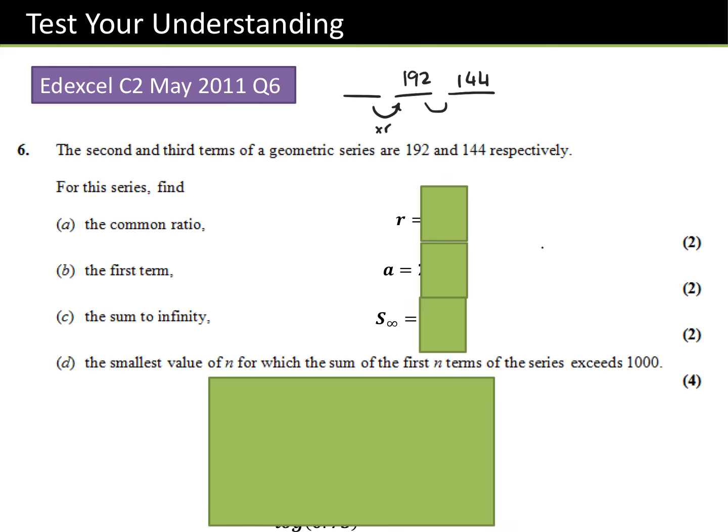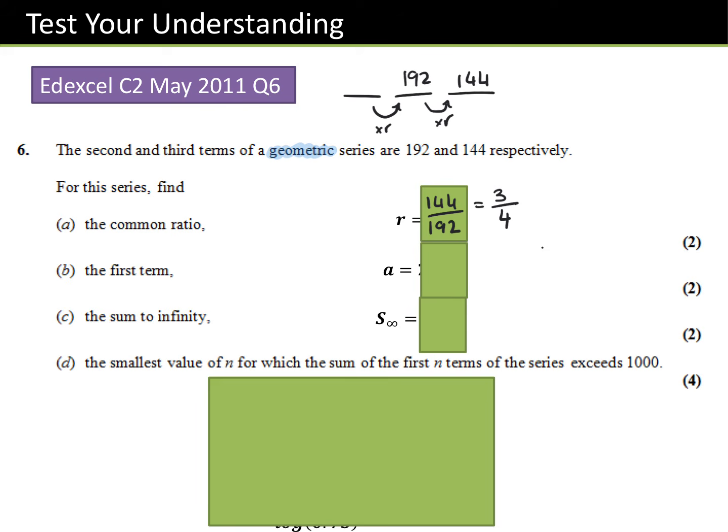We multiply by R. How do we get from the second to the third? We multiply by R. How do I know this is true? It clearly says this is geometric, and we know with geometric we're multiplying by a ratio. So to find the ratio, I'm going to do 144 divided by 192. Now when I put that into my calculator, this simplifies to 3 over 4.